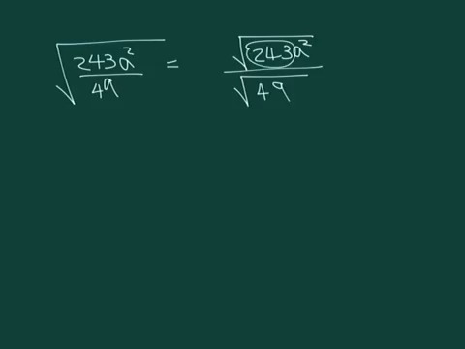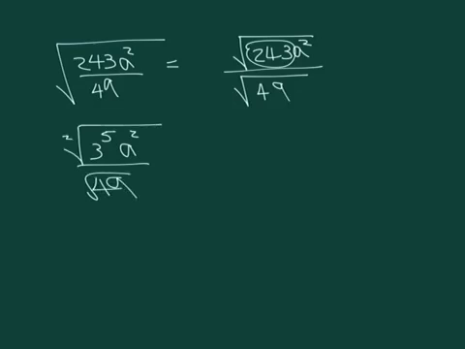Well, if I break it down, it ends up being 3 times 3 is 9, times 3 is 27, times 3 is 81, times 3 is 243. So 3 to the 5th times a squared over square root of 49. So put that under a radical sign.